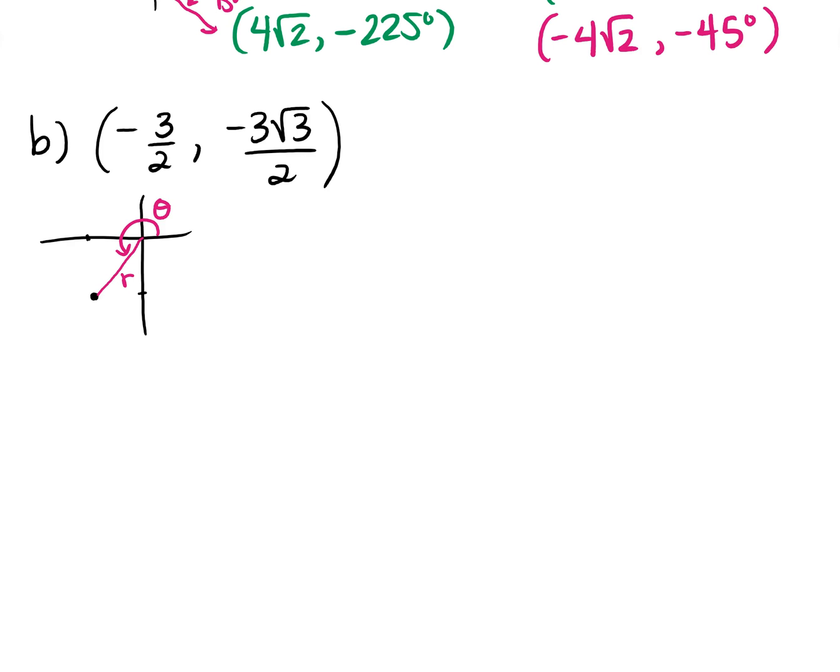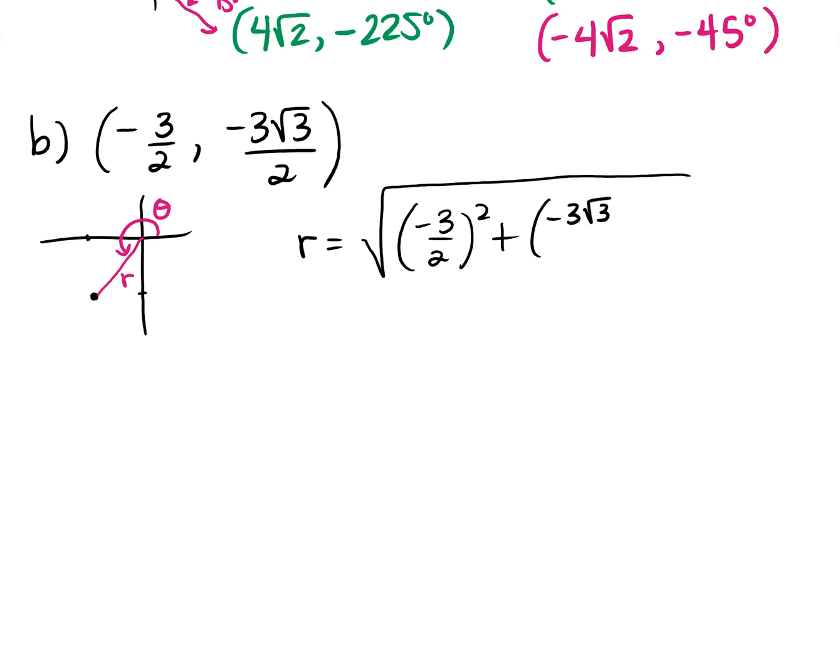So I'll try and be kind of clear about that when we get there. So let's see what we got. What do I have? I know that r is equal to the square root of a negative 3/2 quantity squared plus a negative 3 root 3 over 2 quantity squared. So this gives us the square root of 9/4 plus 9 times 3, which is 27/4.